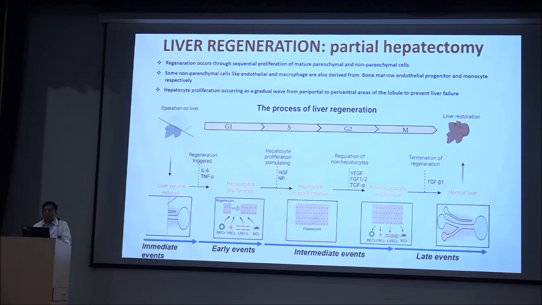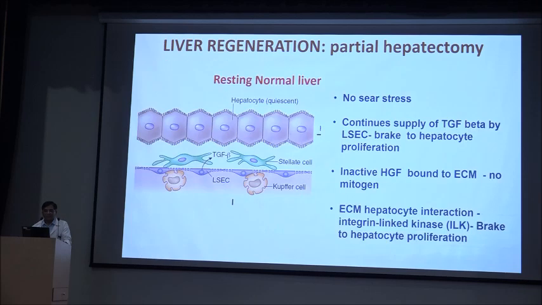So to prevent liver failure, which could happen if all hepatocytes started proliferating, nature has adopted this mechanism so that regeneration doesn't occur throughout the liver in response to partial hepatectomy.